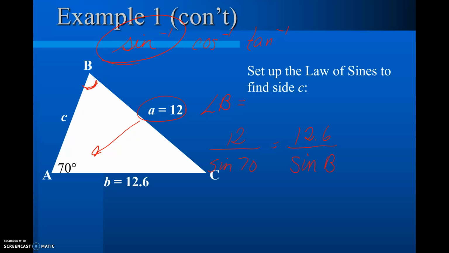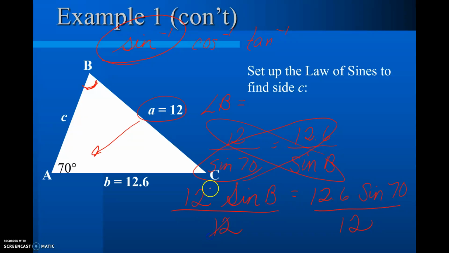But we don't know what B is at this time. So we cross multiply. I get 12 sine B equals 12.6 sine 70. And then divide by 12. So what we have is sine B.